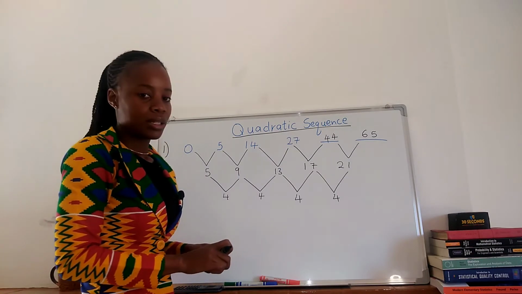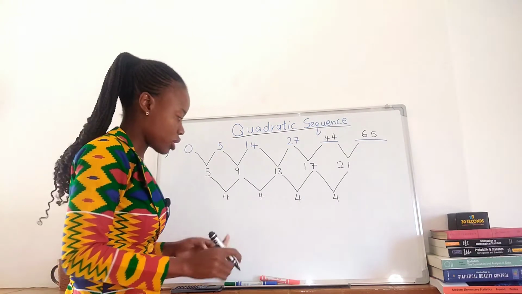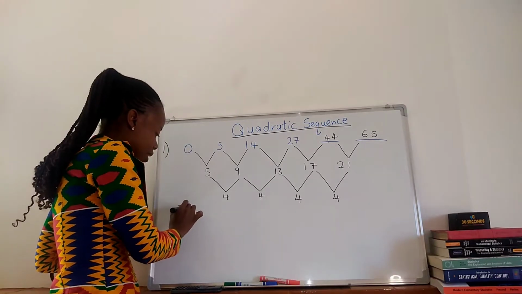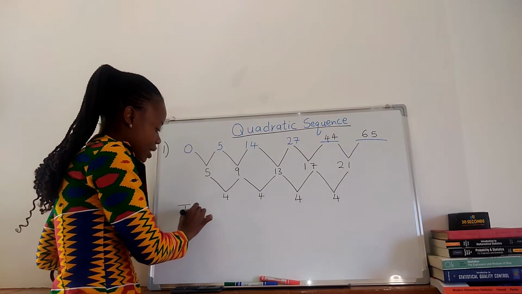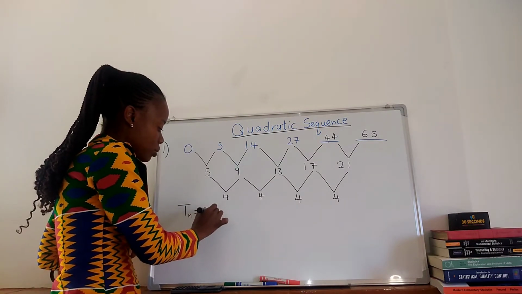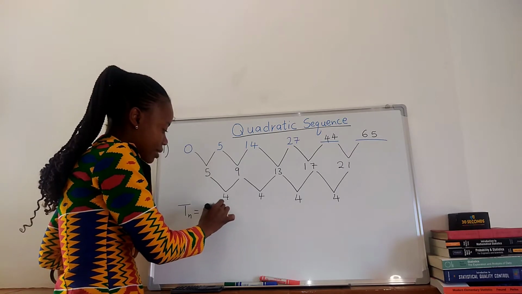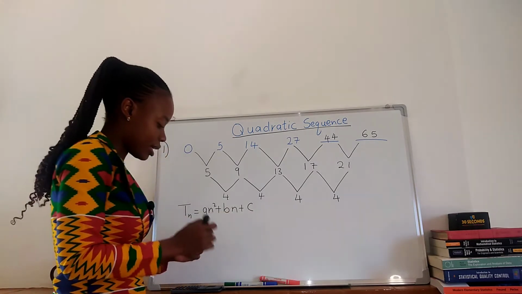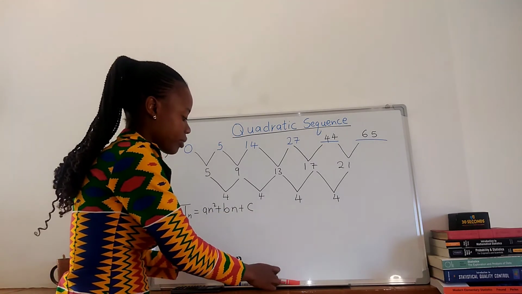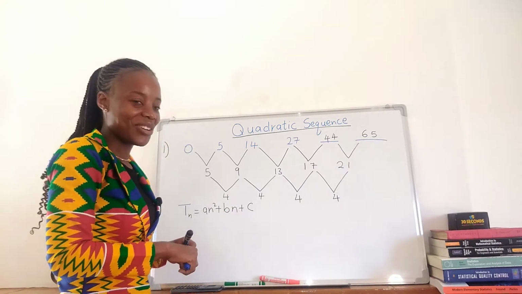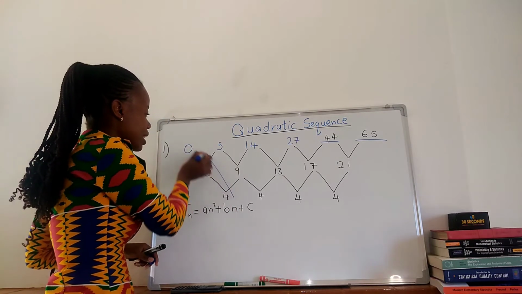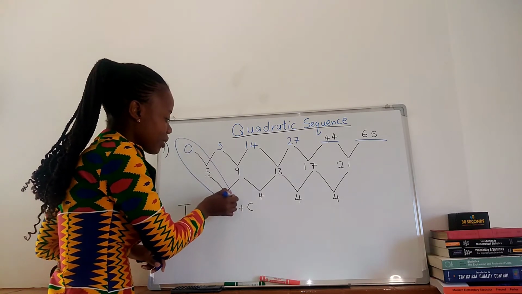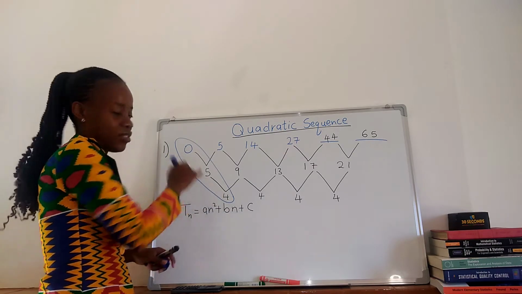Now let's find the expression. We know that for a quadratic, we're supposed to have Tn equals an squared plus bn plus c. We're going to find our a first, and we are going to be dealing with this line, 4, 5, 0.